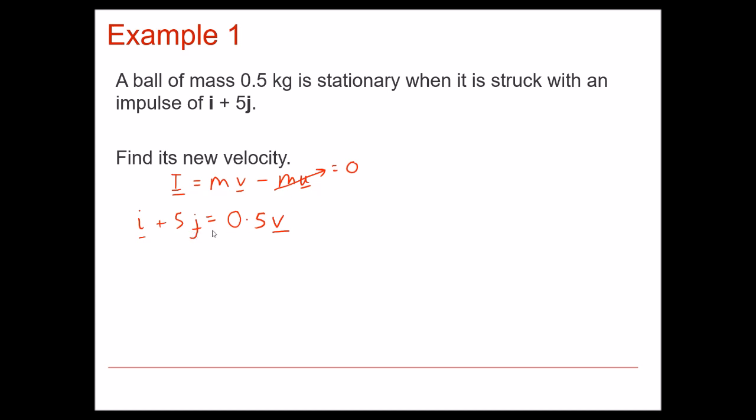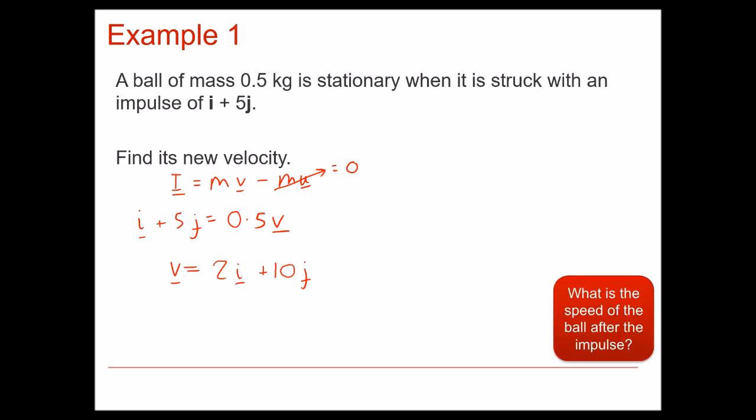So we have i plus 5j equals 0.5v. So this is a very simple case of multiplying both sides by 2 to get rid of that 0.5, and so we'll have 2i plus 10j. Alright, now that's the final velocity.